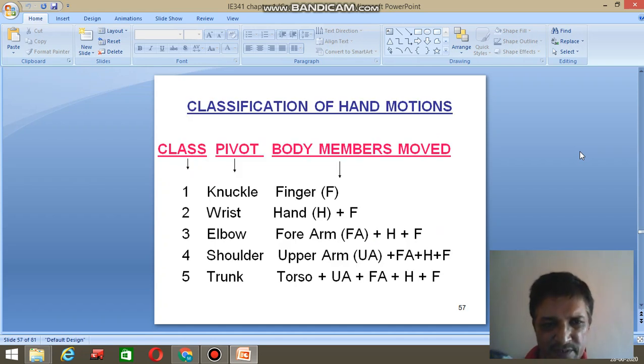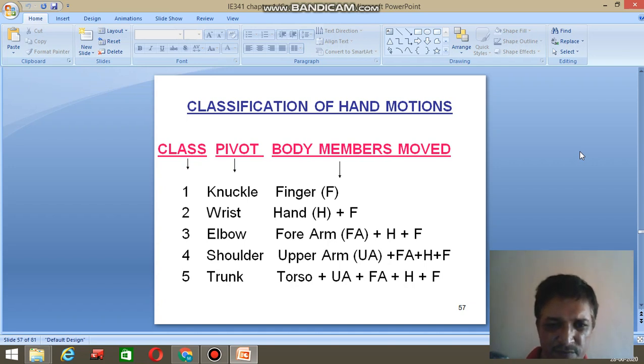Classification of the hand motions. The five classes are being given: 1, 2, 3, 4, 5. The pivots are there, the body members moved are there. The first class is the knuckle, the body member would be the fingers. Second is the wrist, it is hands plus fingers.